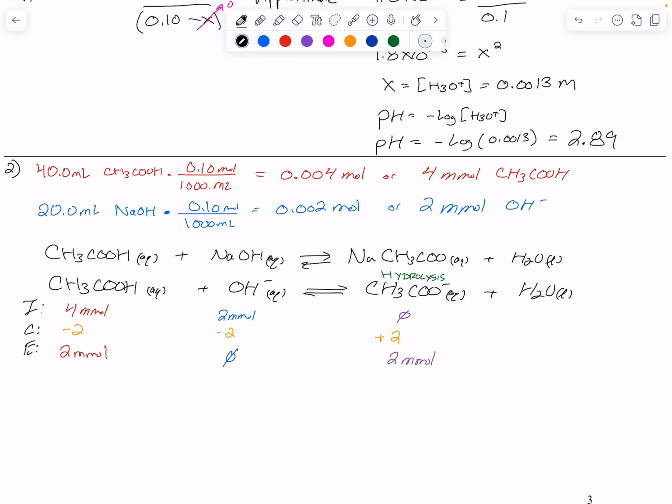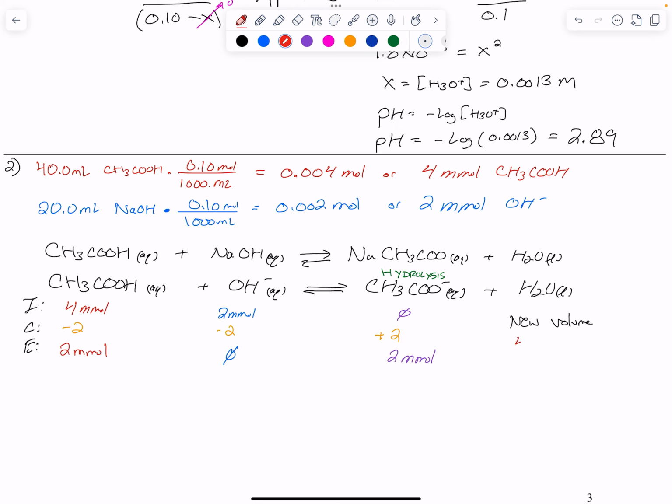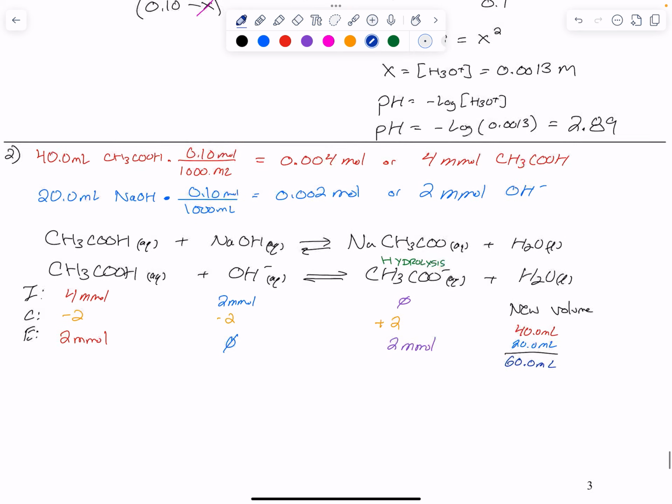New volume. We have our 40 milliliters of our acid. And we have our 20 milliliters of our base to give us a total of 60 milliliters.